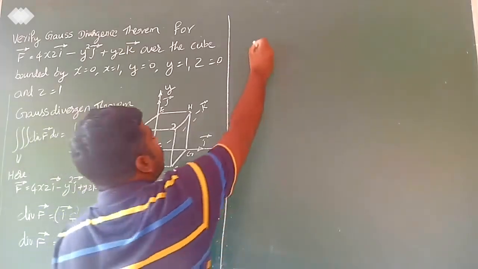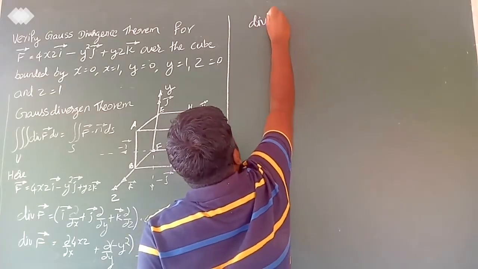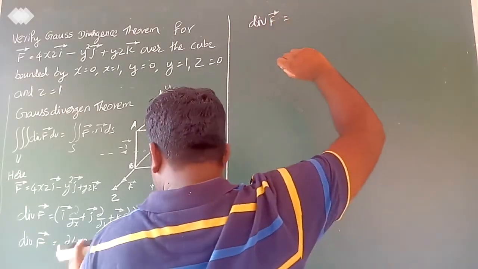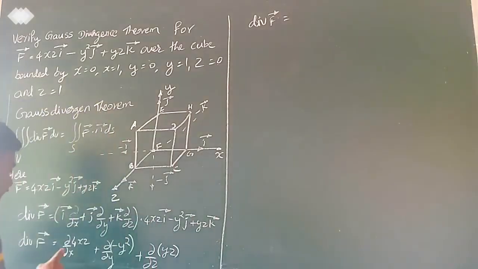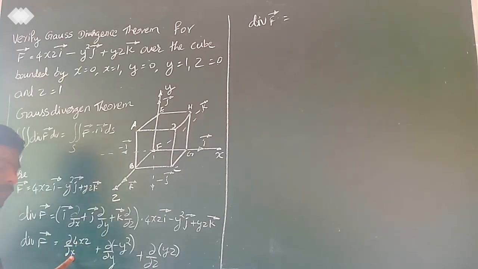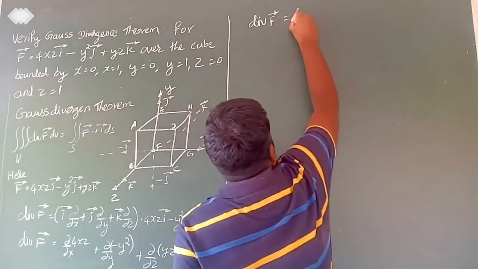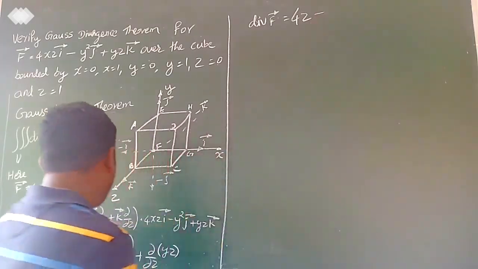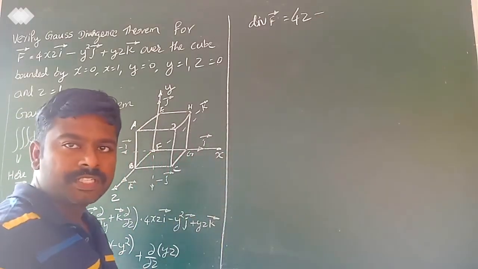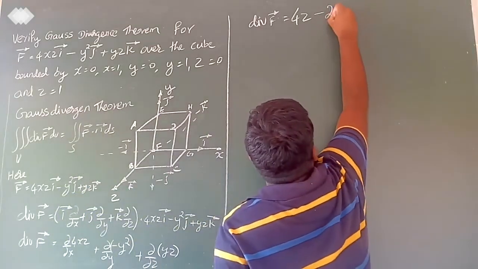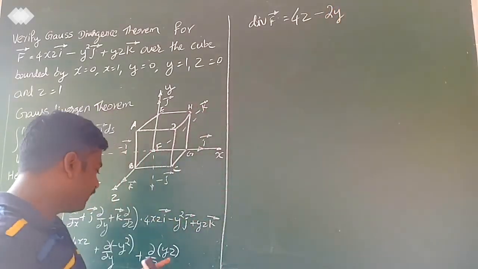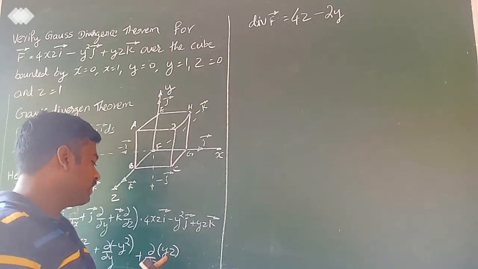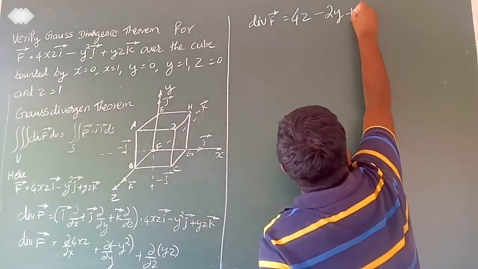So therefore divergence of f vector equal to, the differentiation of x equal to 1 and other terms are constant. Therefore the partial differentiation of 4xz with respect to x equal to 4z, and minus dou y square by dou y, differentiation of y square with respect to y equal to 2y, and differentiation of yz with respect to z equal to y, therefore plus y.